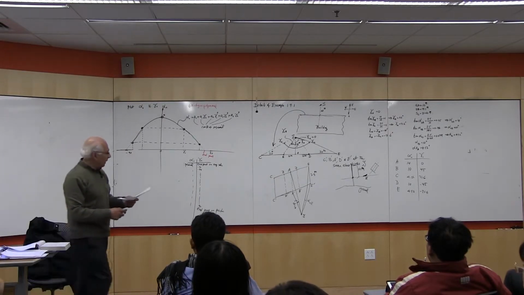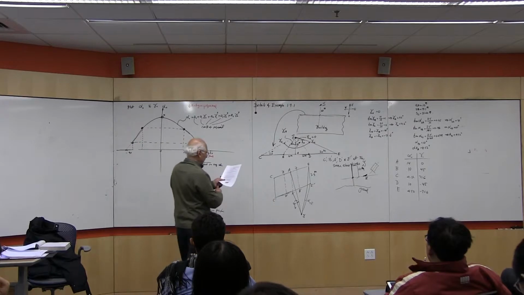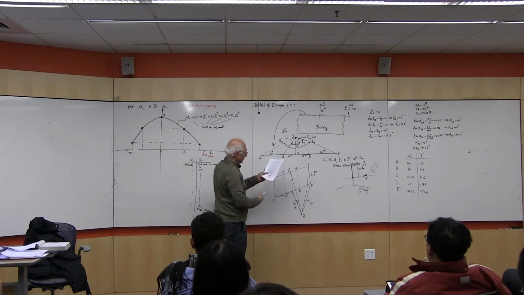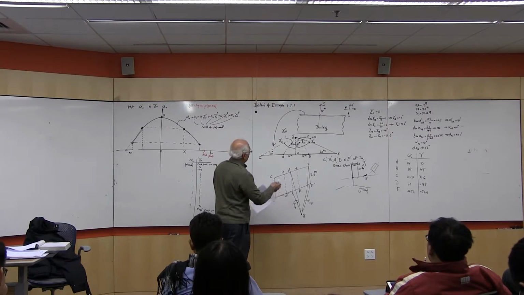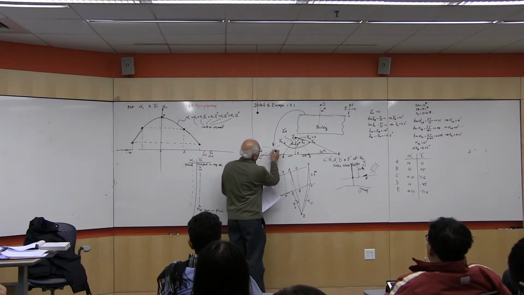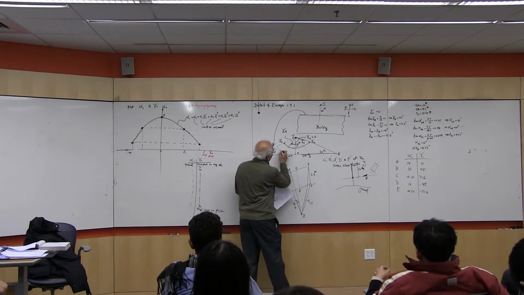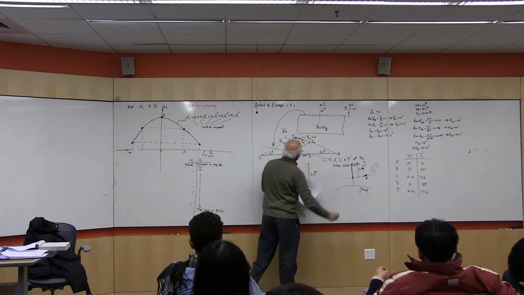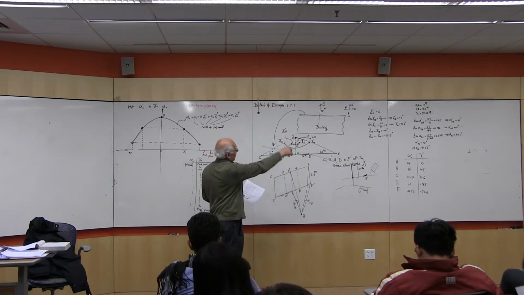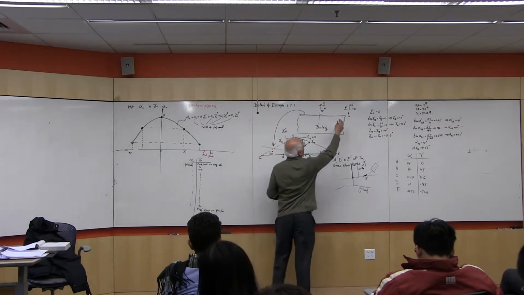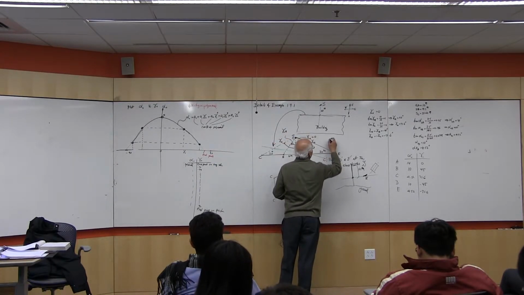Here, part B is when you tilt. So actually, the building is like this. You still have the north-south the way it is. Of course, that did not change.